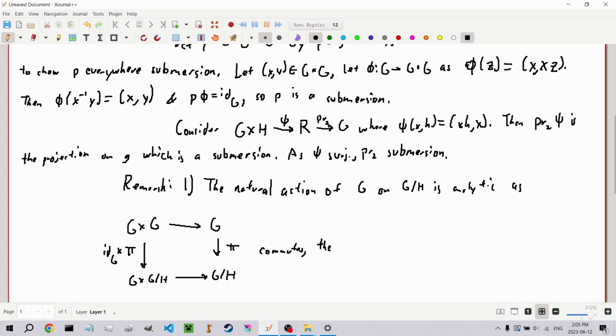And the vertical maps are surjective submersions. And the top map is analytic.